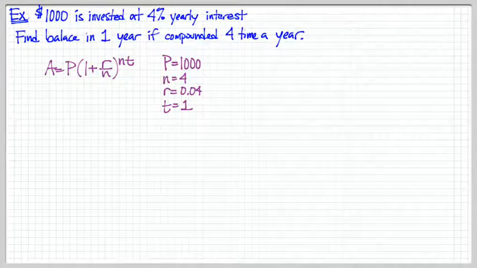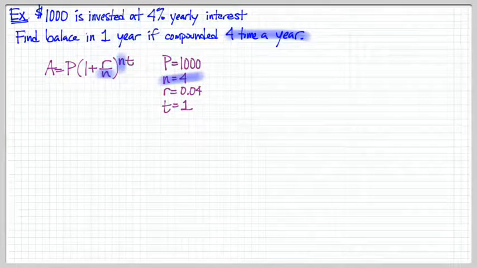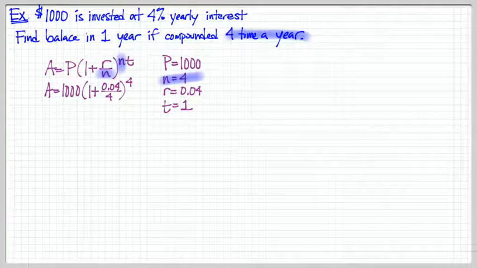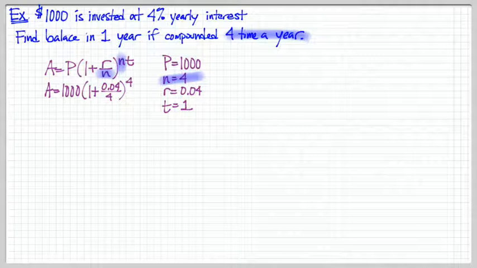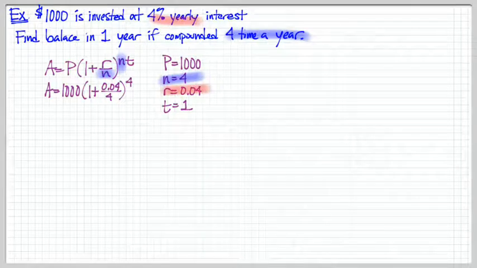We're compounding 4 times a year, so n is equal to 4. We have our interest rate of 4%, which just happens to be the same number, but it's a different value. And we can plug these things into our equation.